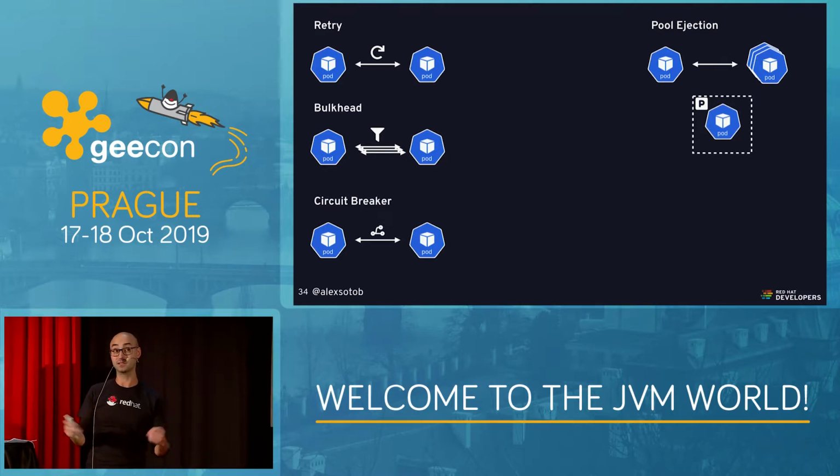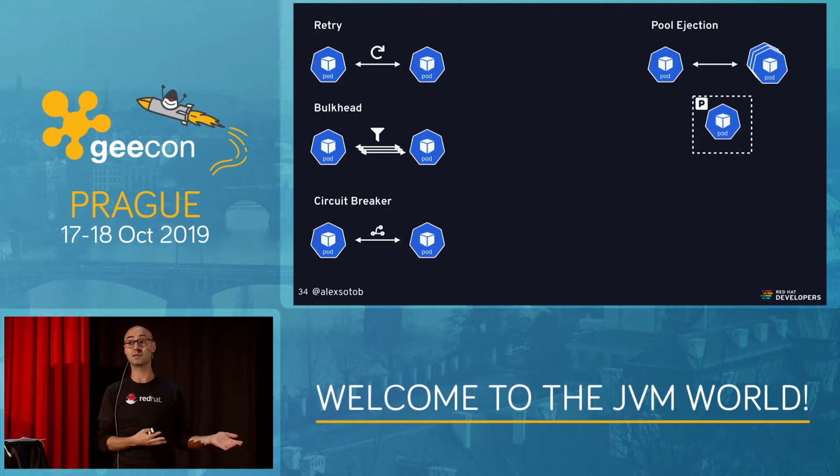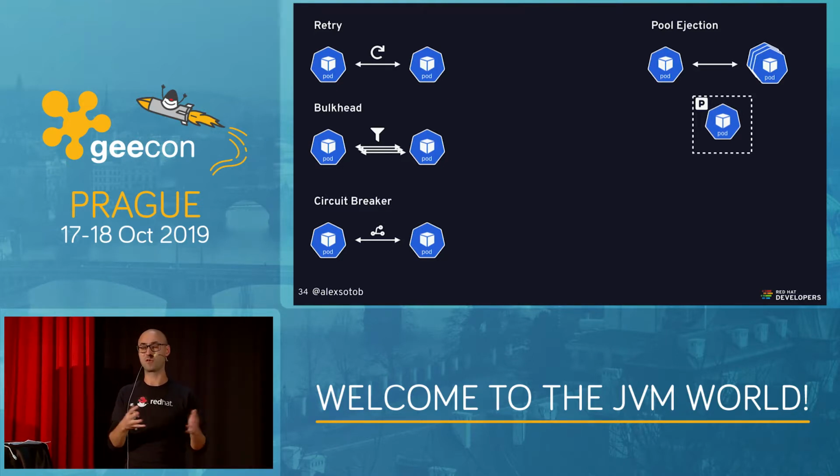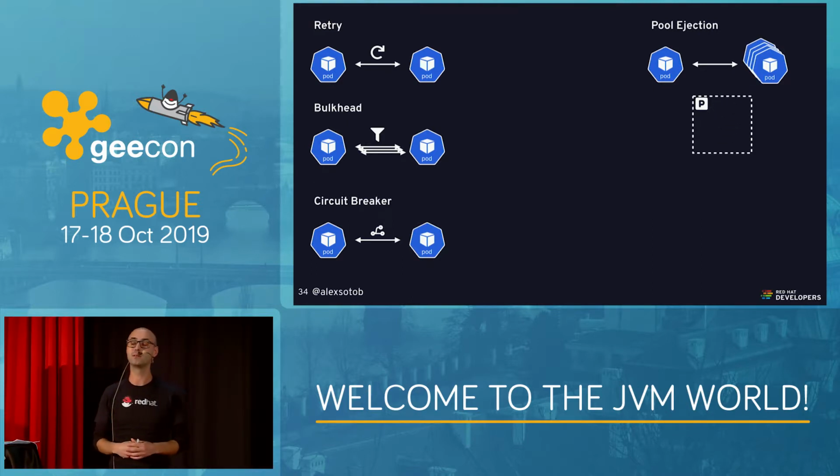After these 5 seconds, the mesh will say, okay, let's see if now you are behaving correctly. Maybe you were behaving incorrectly because you had a lot of traffic, a lot of jobs to be done, or maybe you were recovering from some kind of error. So it puts it back in the pool, and this pod will again start receiving requests.